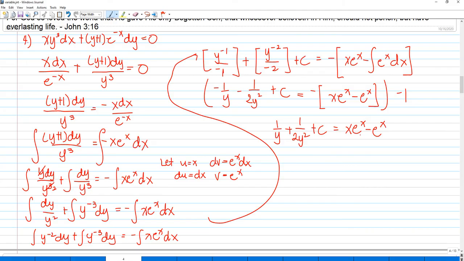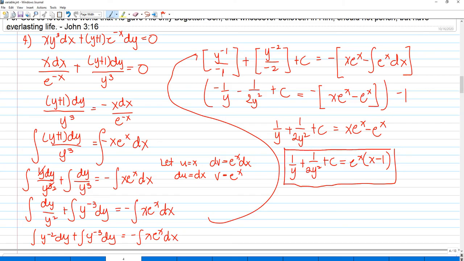To further simplify, we have 1 over y plus 1 over 2y squared plus c equals e raised to x, x minus 1. And this would be our answer for problem number 4. This is our solution.